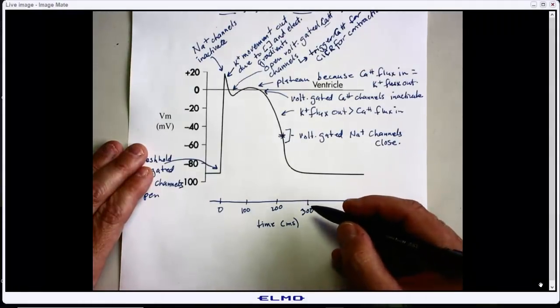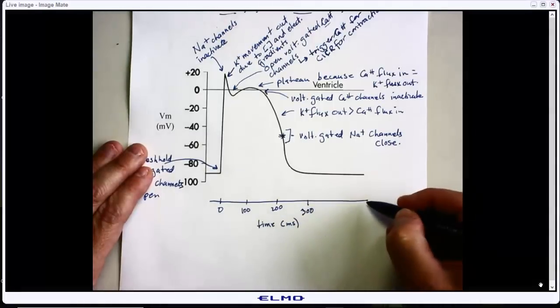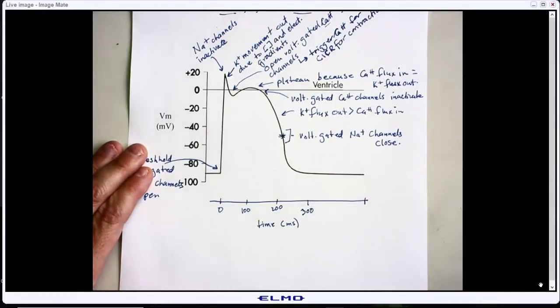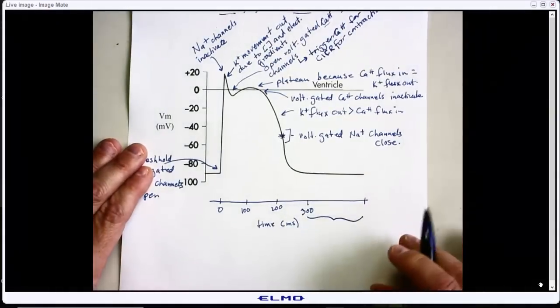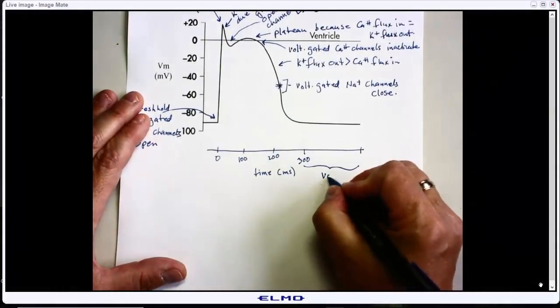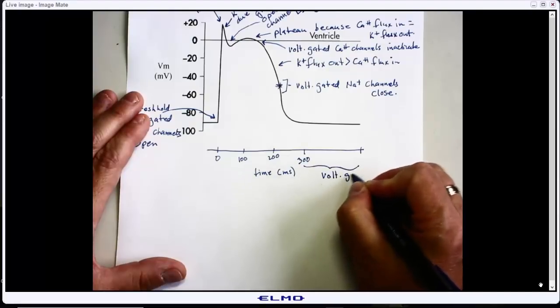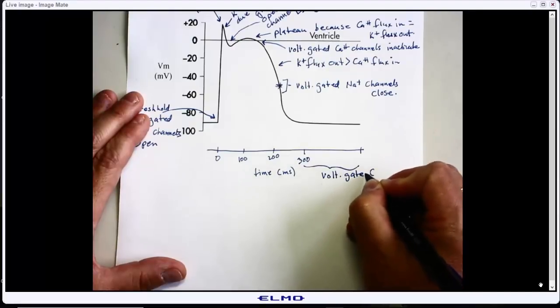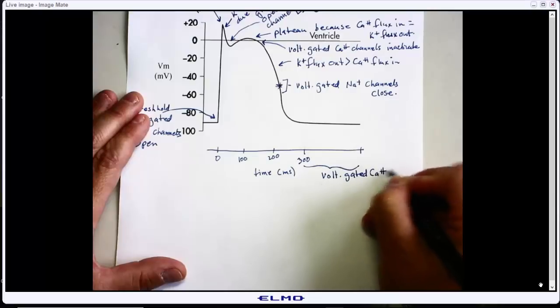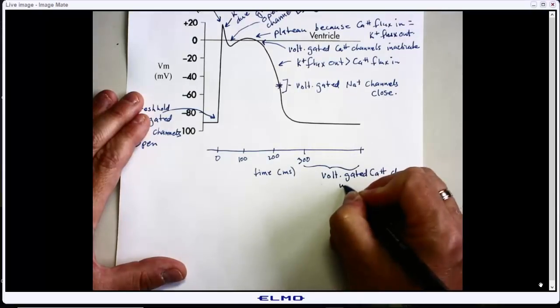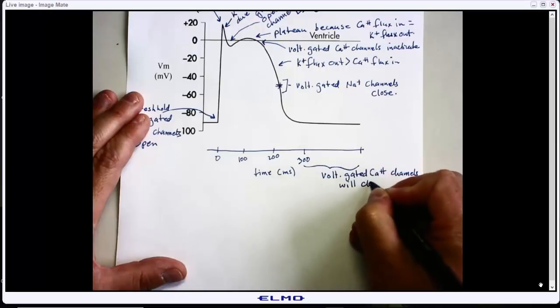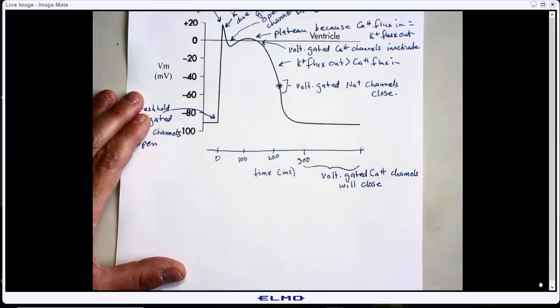So in this region, so 300, there's another period over which at some point, over this range, voltage-gated calcium channels will close. Okay?